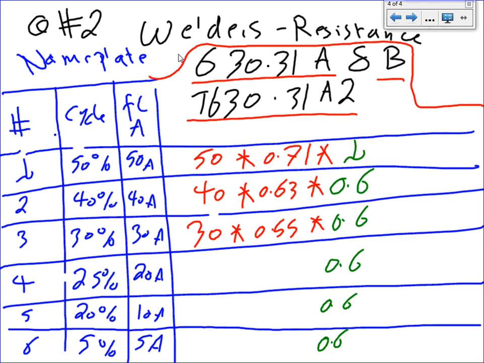All these are 0.6 times. For 20, guys, it is 0.5, I believe. Correct me if I'm wrong. 0.5, and for 10 it's 0.45, and for 5 with a 5% cycle is 0.39.